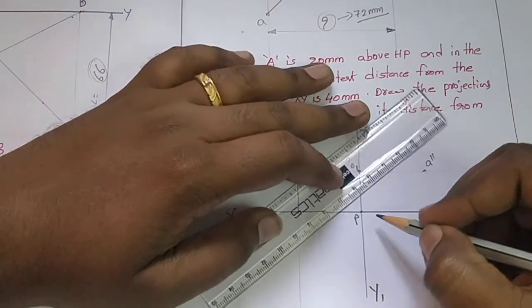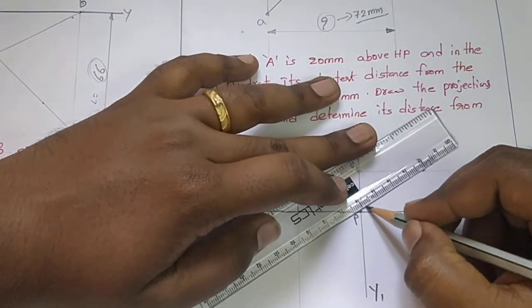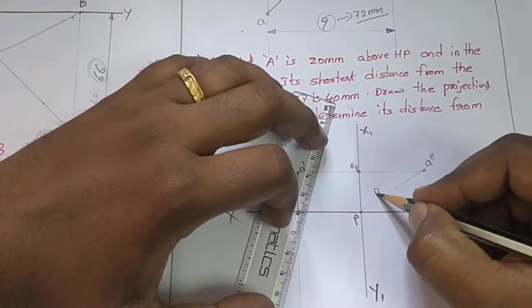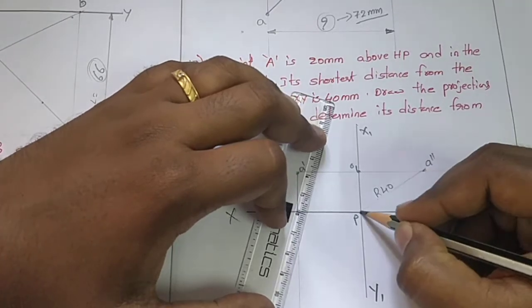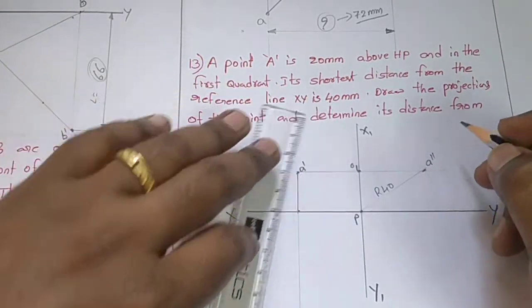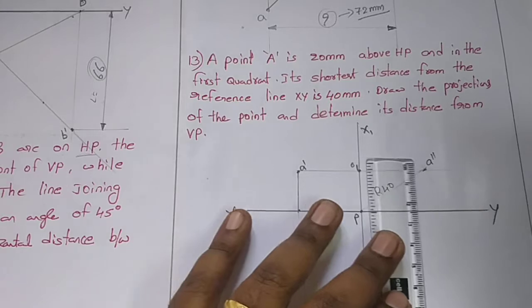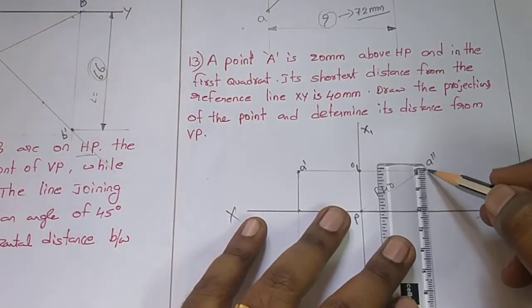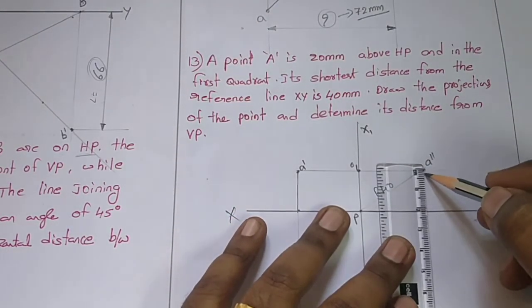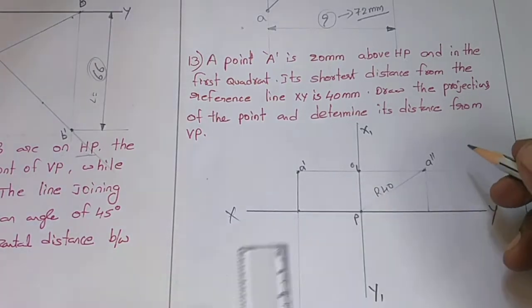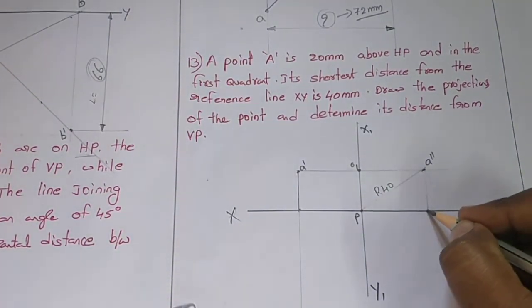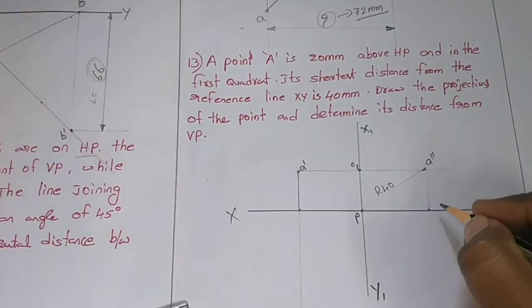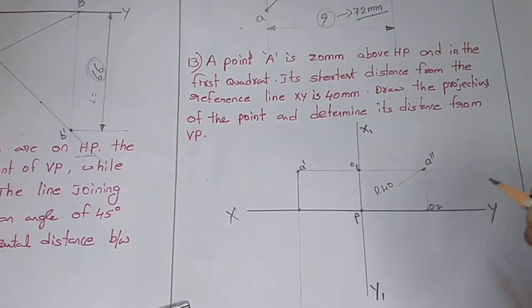From this point to this point is 40 mm radius. Okay, from this point to this point, it is the shortest distance from point P. Next, from this, we need to draw one vertical line parallel to X1 Y1. It will intersect the XY reference line at one point. That point is taken as O2.